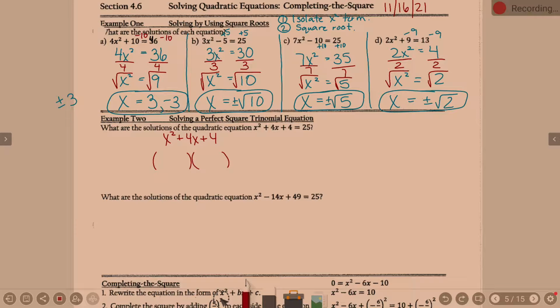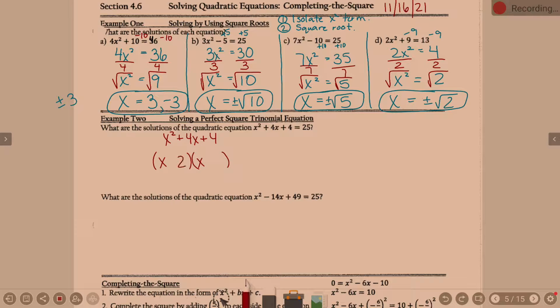What do you know about x squared? When we have a trinomial like this, x squared breaks into x times x. What do you know about the numbers there? We need numbers that multiply to be 4 and add to be 4: 2 and 2.